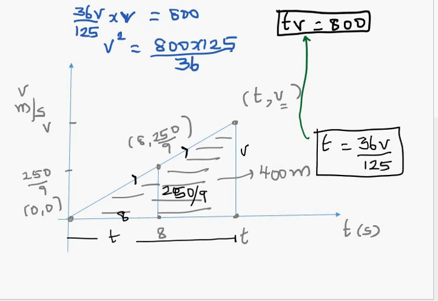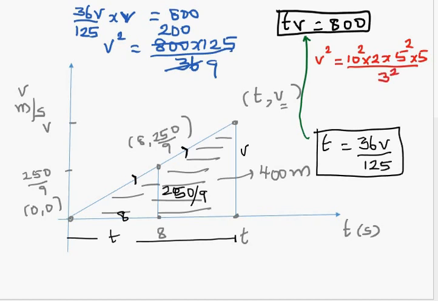I'll try to do it without a calculator. 4 goes in 36 9 times, and 4 goes in 800 200 times. So velocity squared is 200, which is 10 squared times 2, times 125, which is 5 squared times 5, on 3 squared.